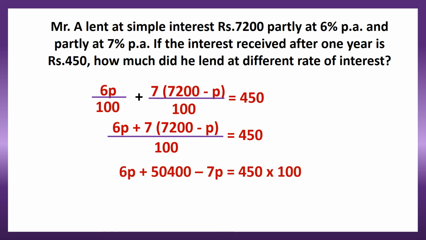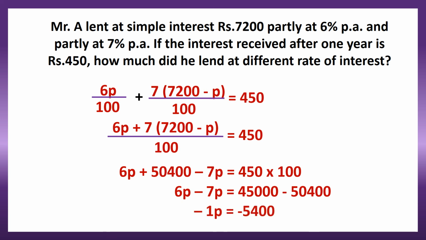Then 100 can be taken to the right hand side. So that becomes 6P plus 50,400 minus 7P is equal to 450 into 100. And this 50,400 can also be taken to the right hand side, and it becomes 6P minus 7P is equal to 45,000 minus 50,400, that is minus 1P is equal to minus 5,400.